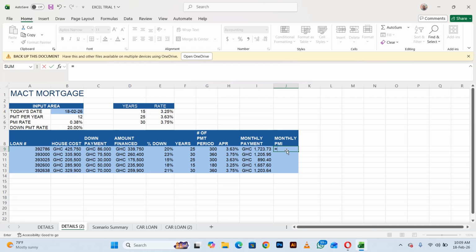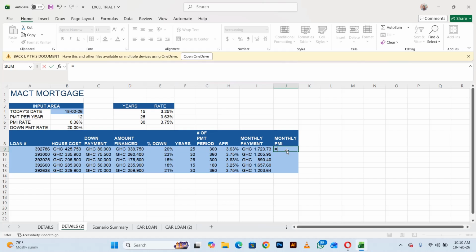What it means is that if the person who came for the loan is paying a down payment of more than 20%, then the person will not pay any insurance. But if the person is paying less, then we will charge the person an insurance of 0.38%. I'm sure this is understood.